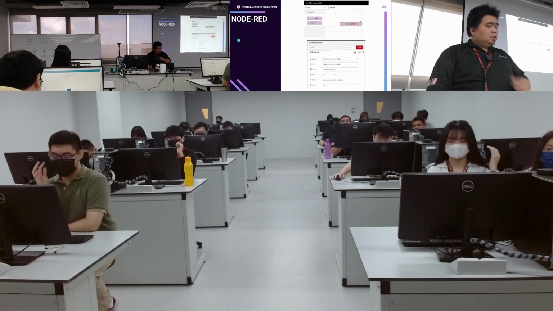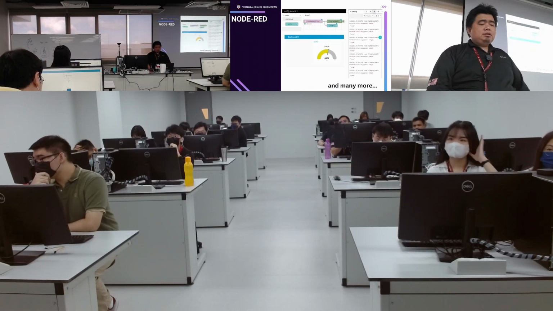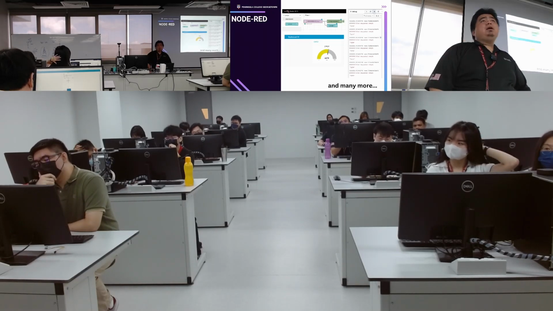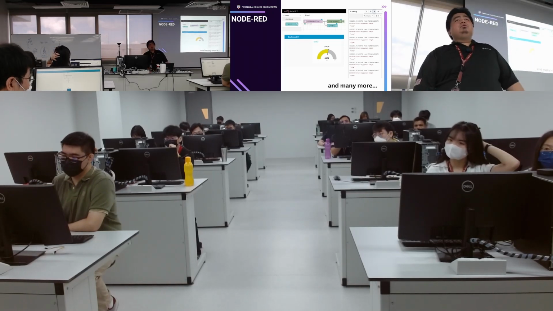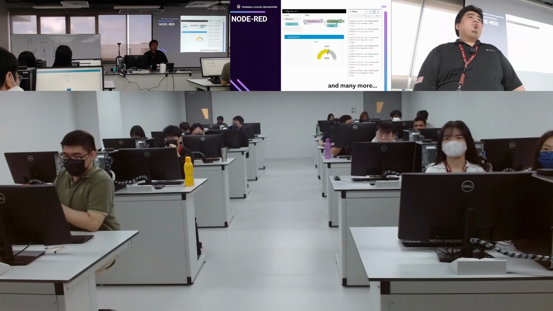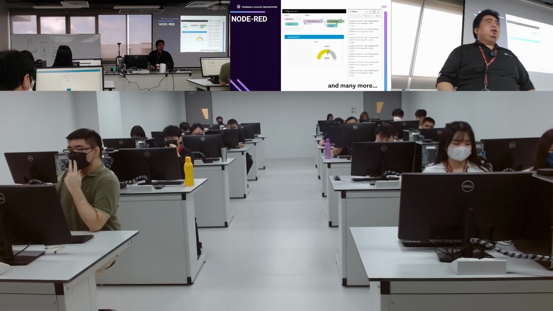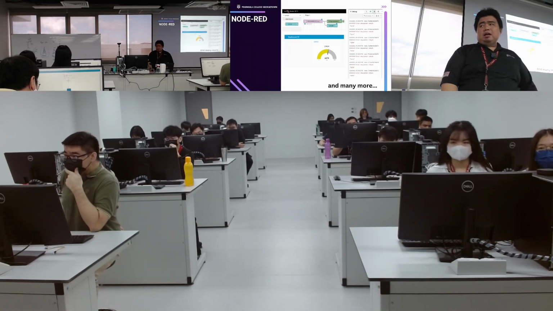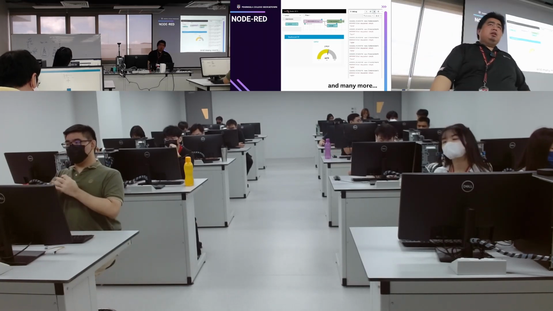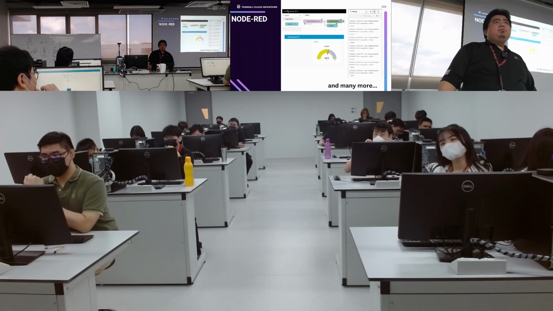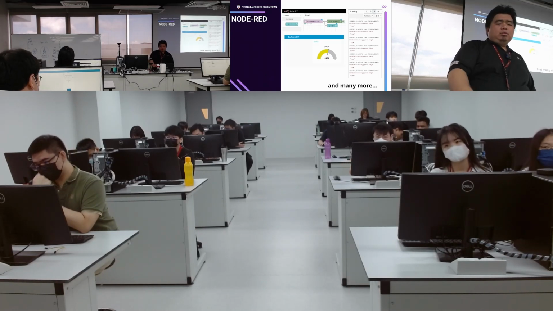Then this is pretty much on how you implement MQTT to our Node-RED, and how we want to display the visual out of our data. For example, this thing that we developed yesterday, we don't want it to be attached here.